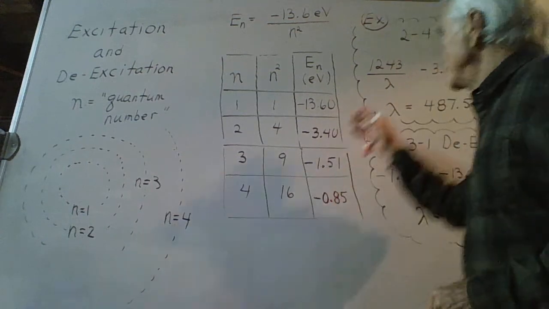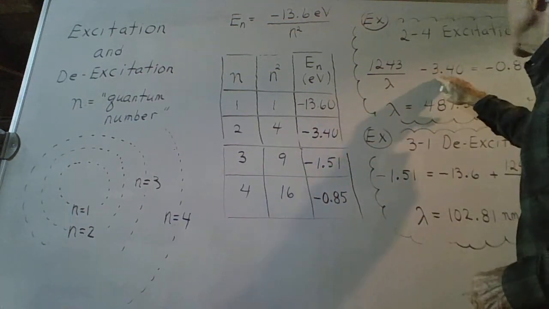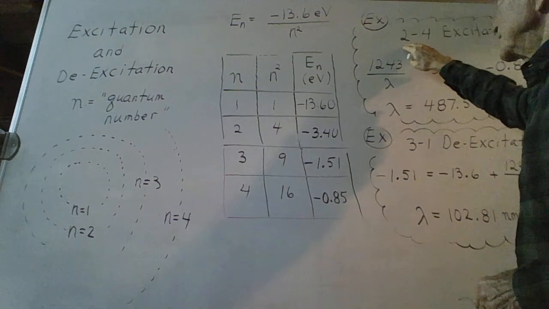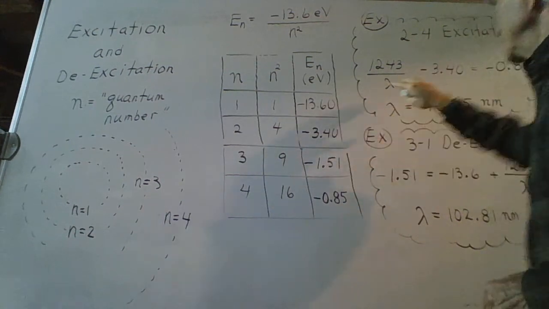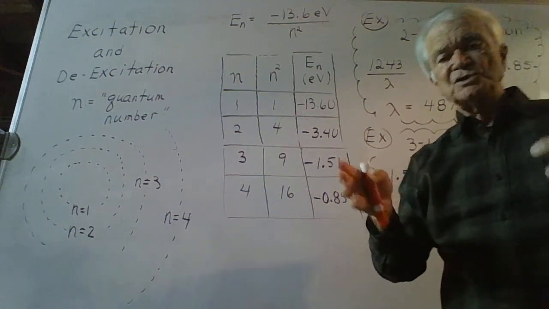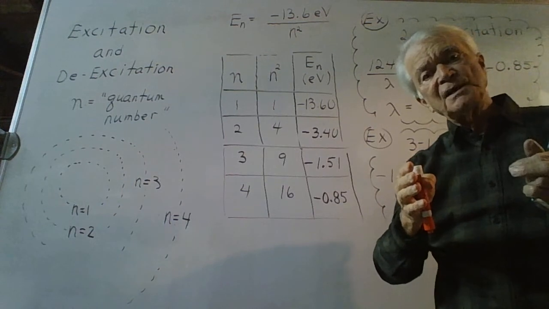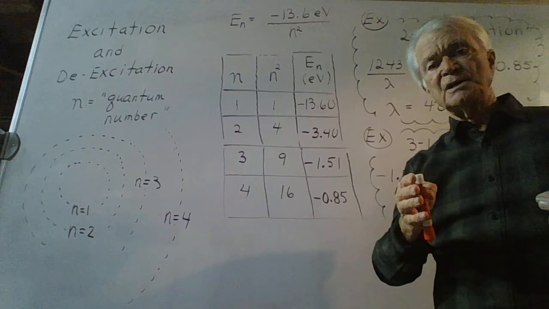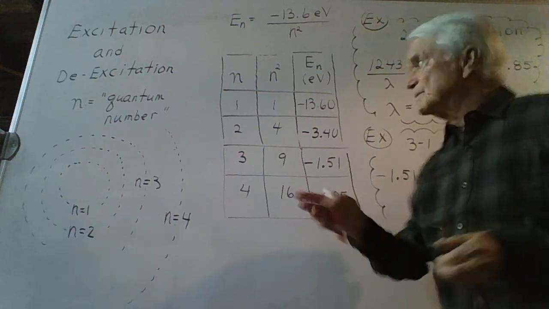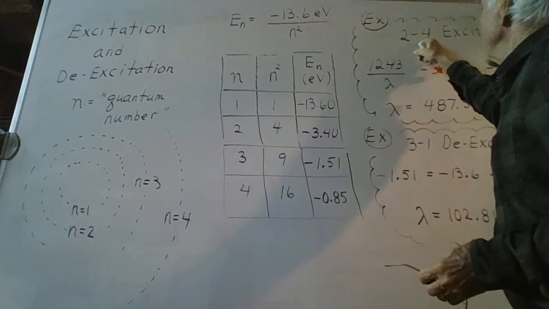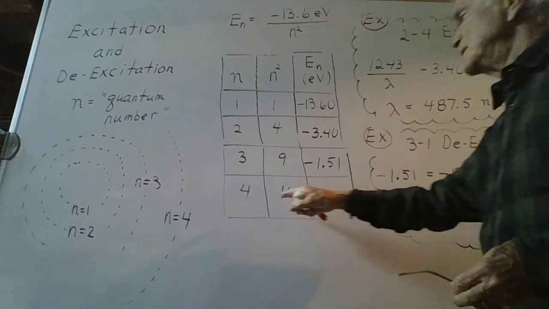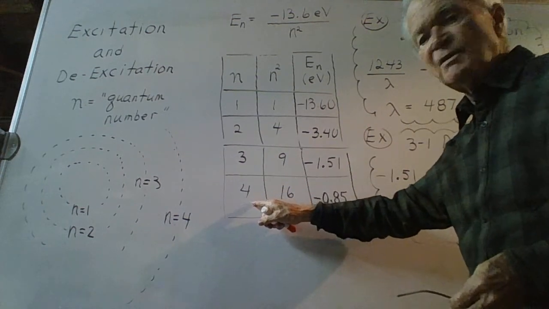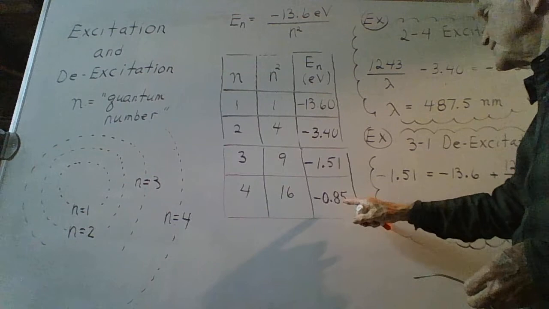Well, we have the photon energy added to the energy of the electron in the second quantum state. Those two energies merge together to make one, and we have then a new total energy of the electron, which will be whatever the energy is required when the electron is in the fourth quantum level, negative 0.85.